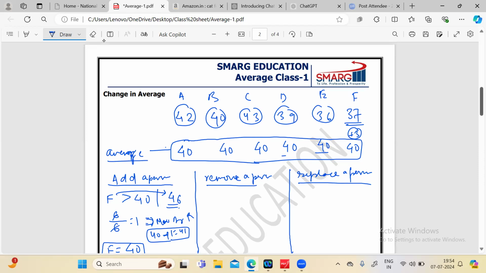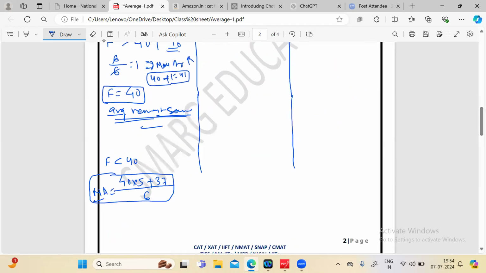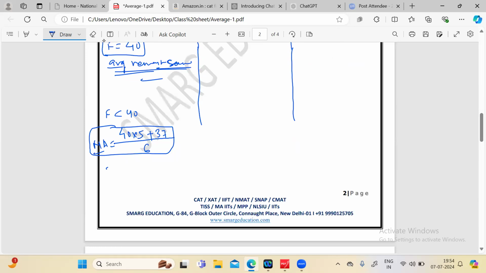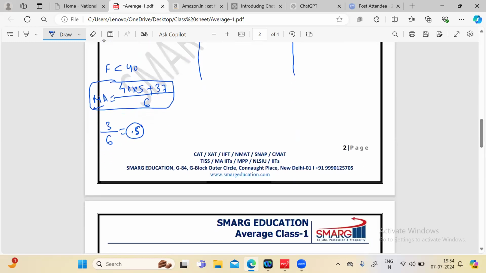So the 3 which I have given should be removed from all these 6, that means everyone will give me 0.5 and will remain equal to each other. So the new average will be 40 minus 0.5, which is 39.5. So you can calculate this way also or this way also. Okay?